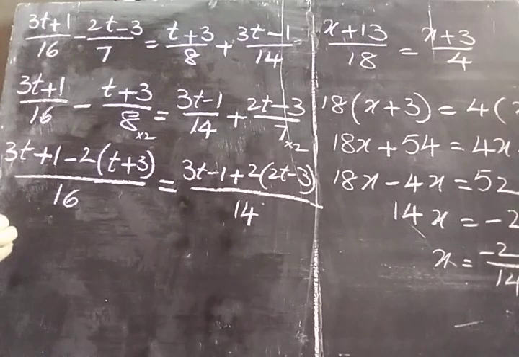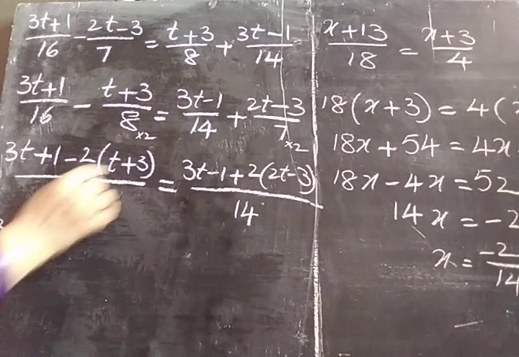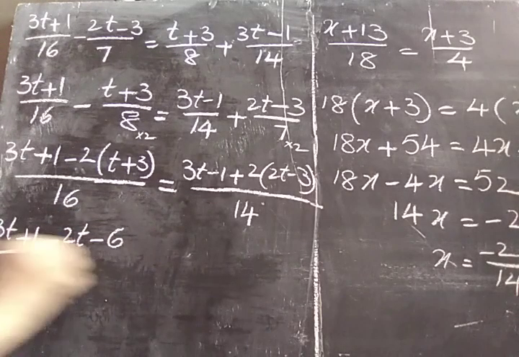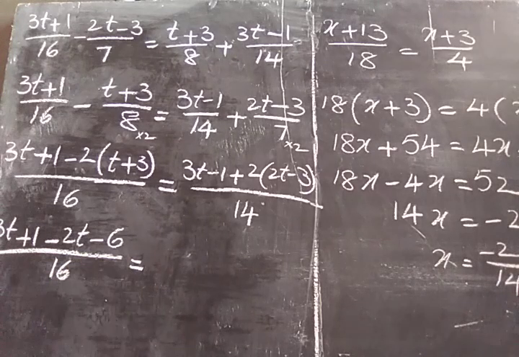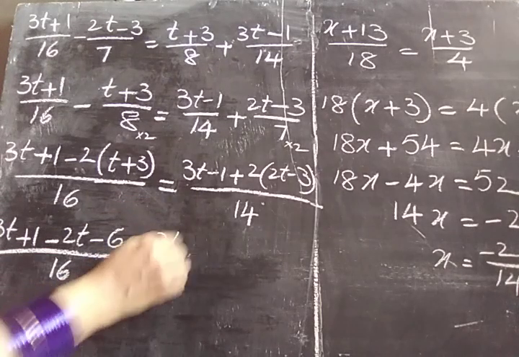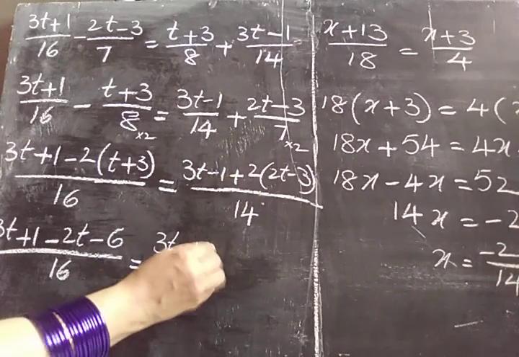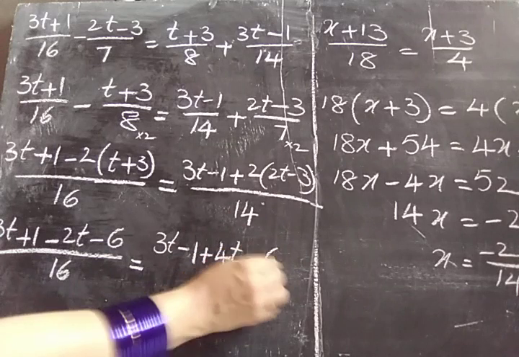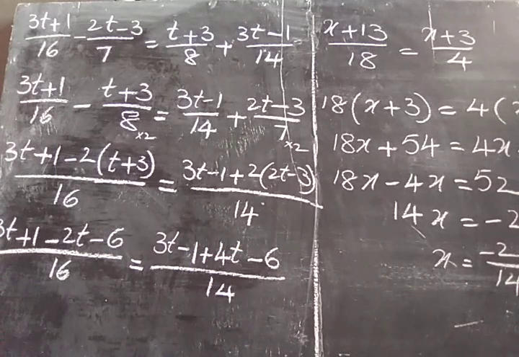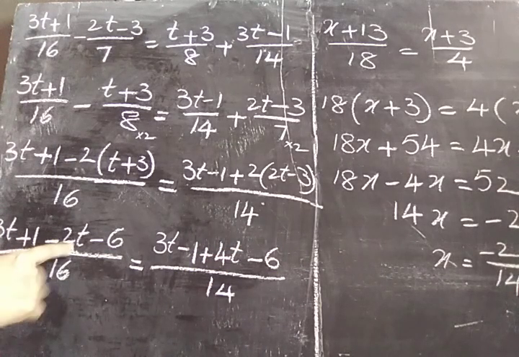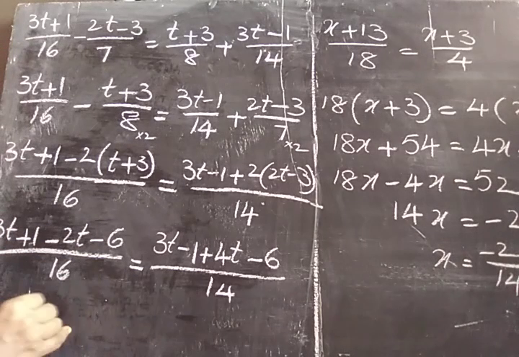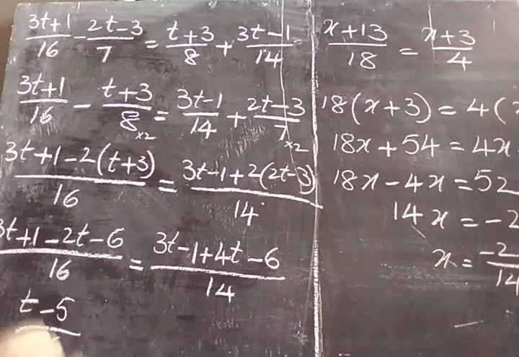Okay. Now solve this one. 3t plus 1 minus 2 into t, minus 2t, minus 2 into 3, minus 6, by 16 is equal to 3t minus 1, here plus 2 2s are 4, 4t, 2 into minus 3, minus 6, by 14. Okay. Now 3t minus 2t, 1t, plus 1 minus 6, minus 5, by 16.